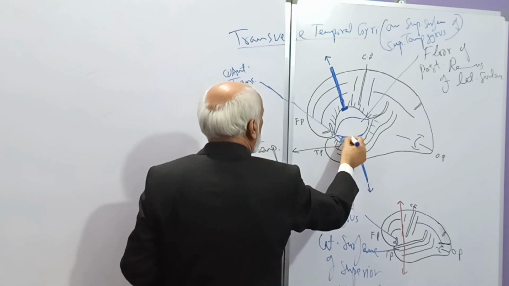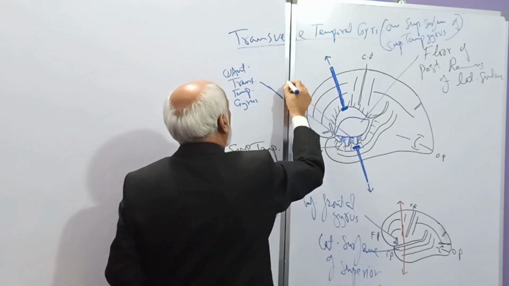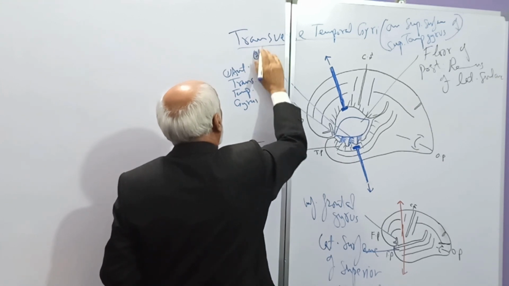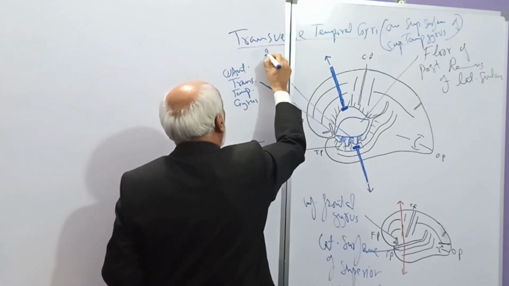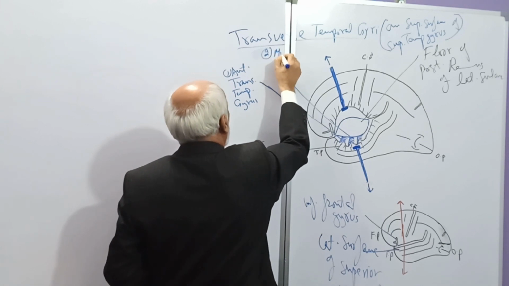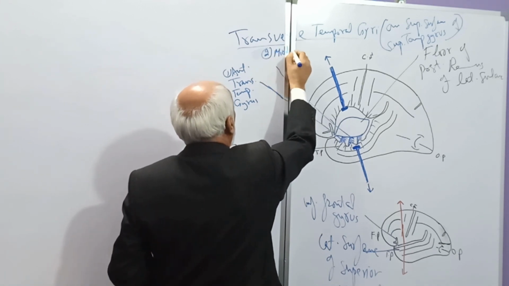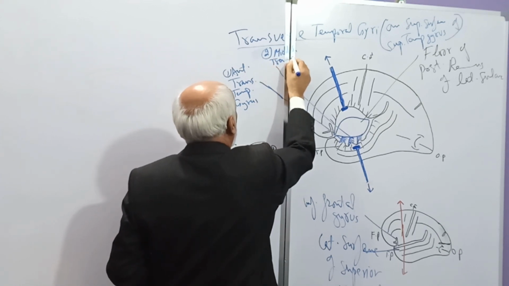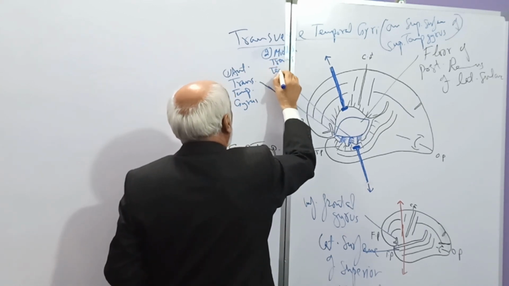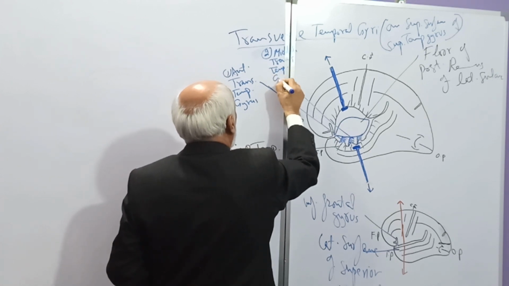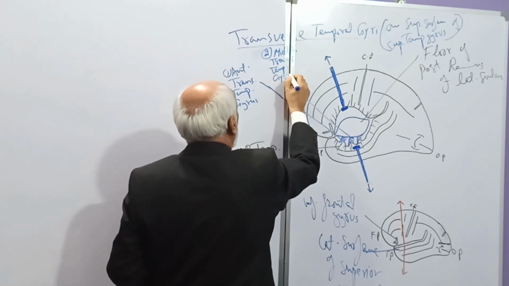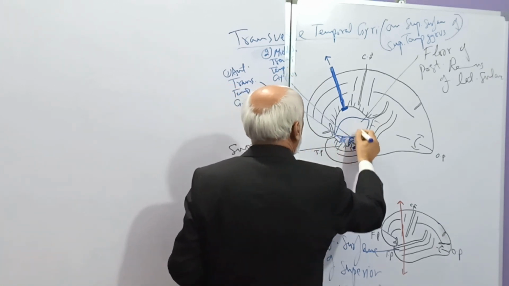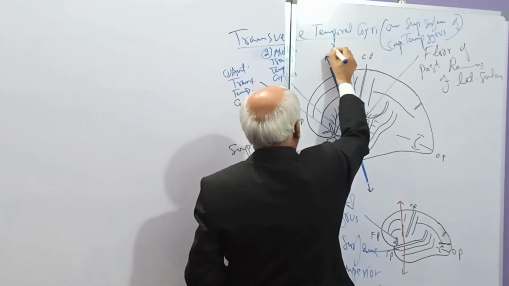Then this one is the middle transverse temporal gyrus. And then there is the posterior transverse temporal gyrus, number 3.